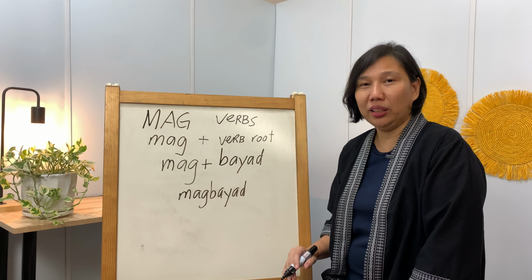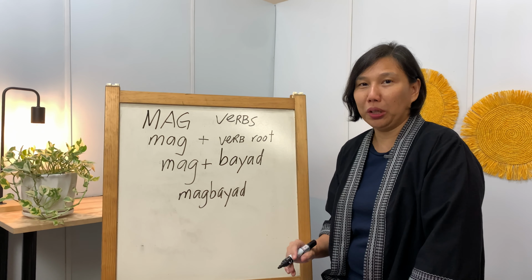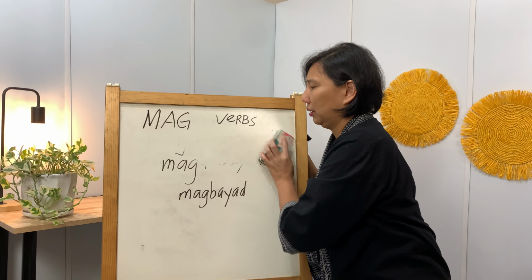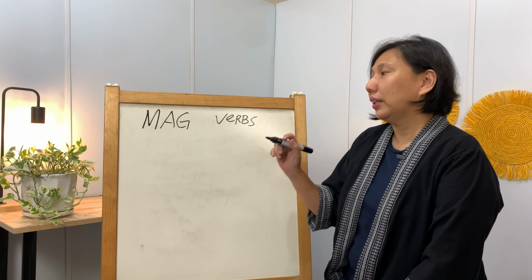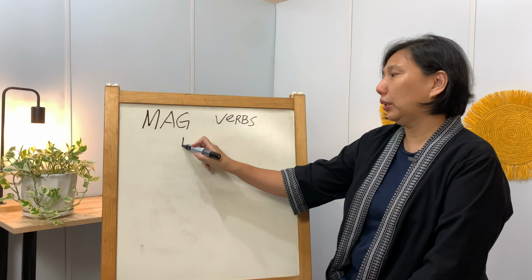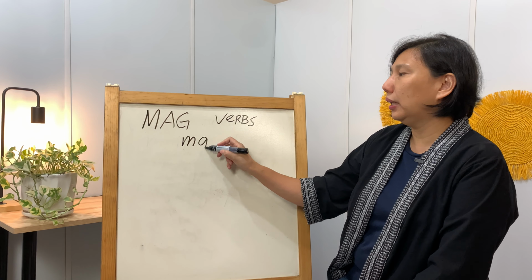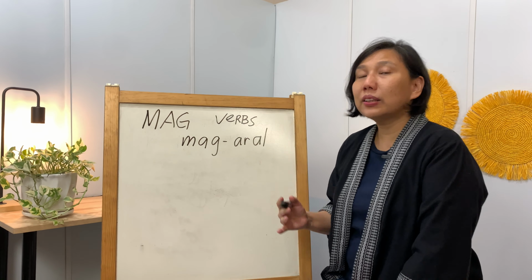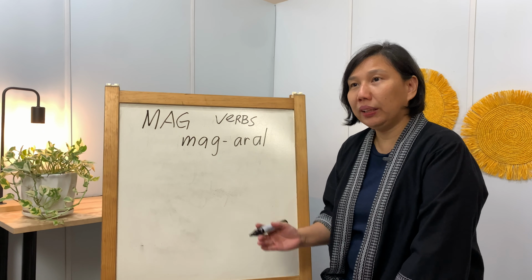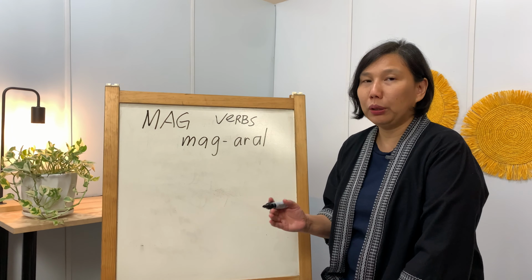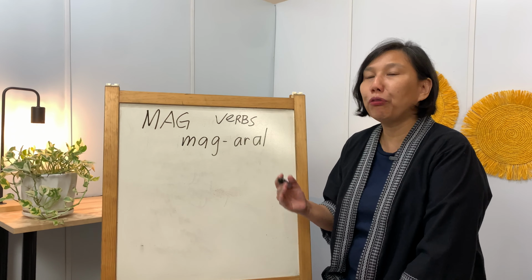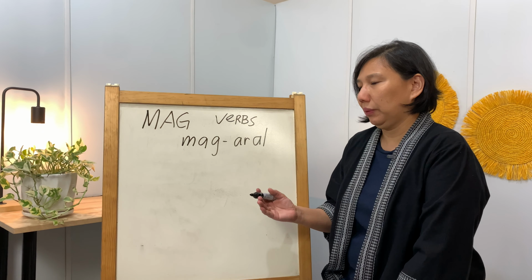So let's move on to how to form the past or completed action. Going back to the infinitive of the verb root aral, which is mag-aral, let us form the completed action, or in Filipino, what we call perpektibo or perfect completed aspect.